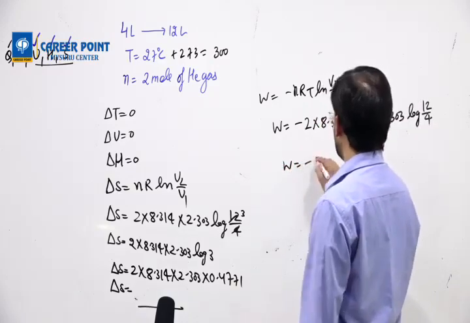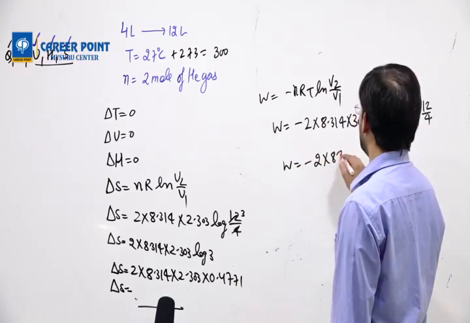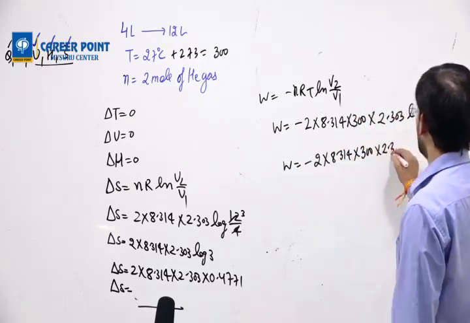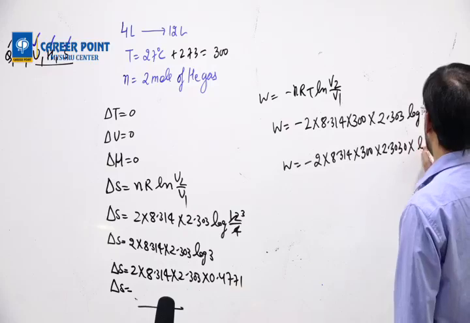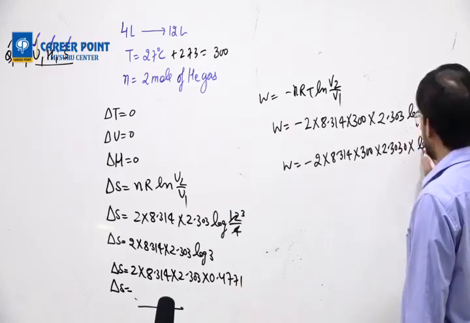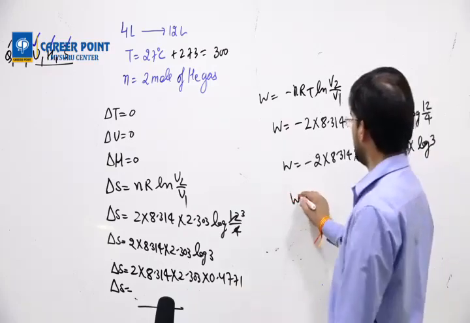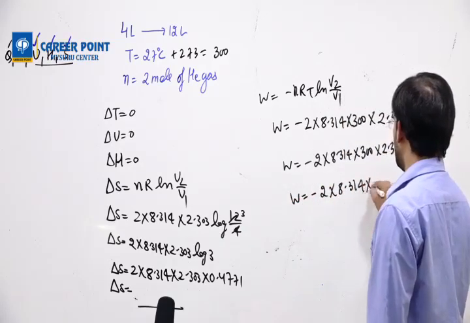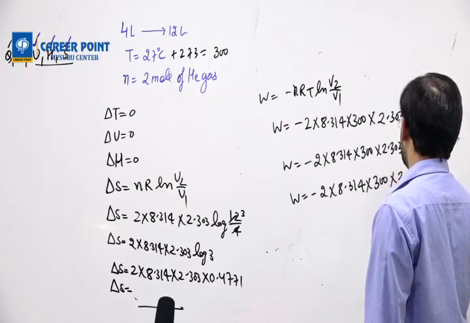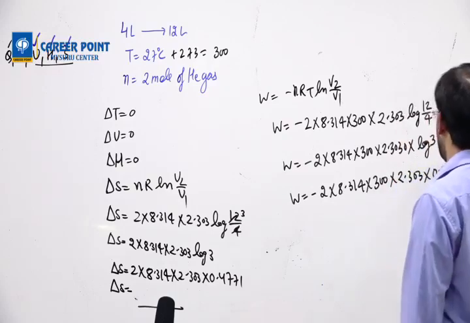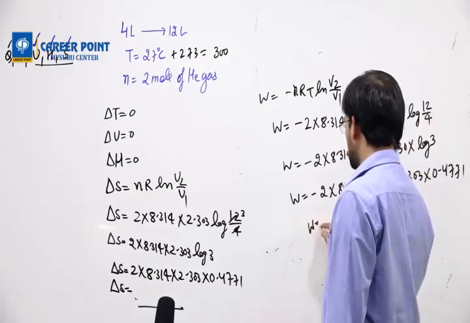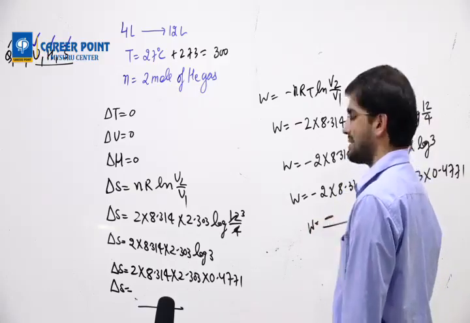So W equals minus 2 into 8.314 into 300 into 2.303 into log 3. So W equals minus 2 into 8.314 into 300 into 2.303 into 0.4771. That is your W with minus sign.